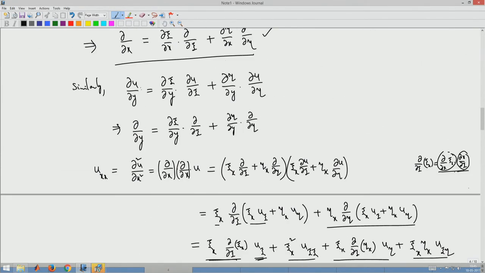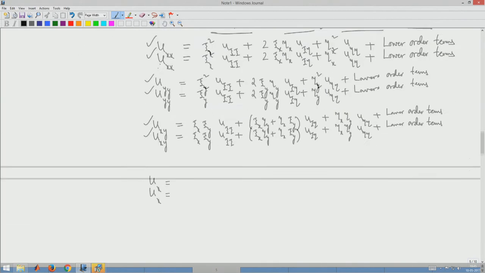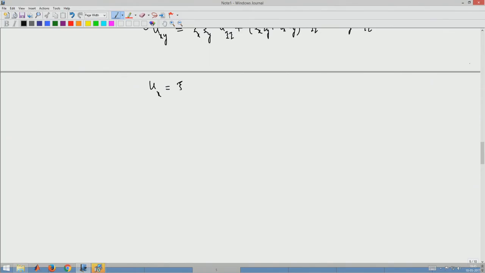So, u_x is xi_x u_xi plus eta_x u_eta. So, this is what is your u_x. Similarly, you can get u_y, that is xi_y u_xi plus eta_y u_eta. So, you have everything. So, u is a function of now xi and eta.